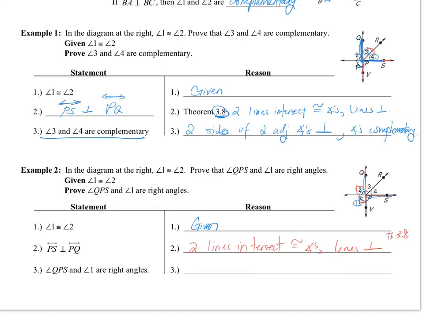And since line PS and line PQ are perpendicular, then angle QPS and angle 1 will definitely be right angles by theorem 3.9, because if two lines, so PS and PQ here, are perpendicular, then these two lines form 4 right angles.